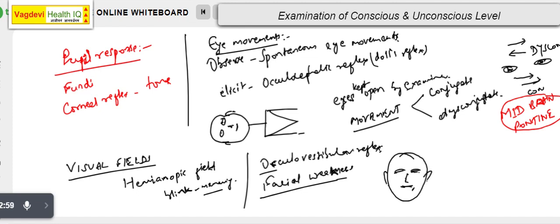So you can find out there is weakness on one side. Suppose this is the left side. It is left actually. So the grimace is failing on one side.